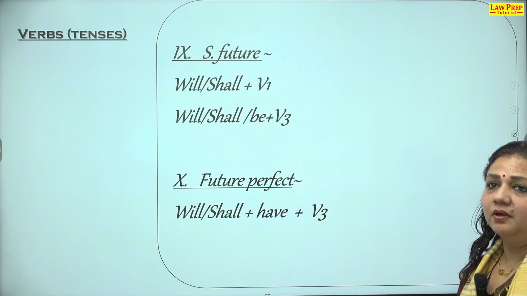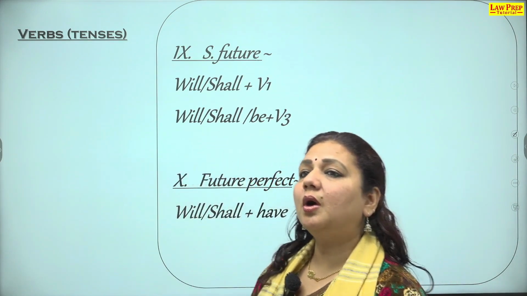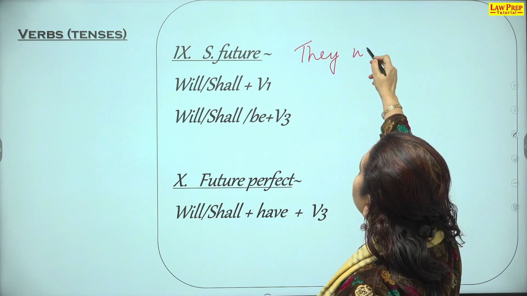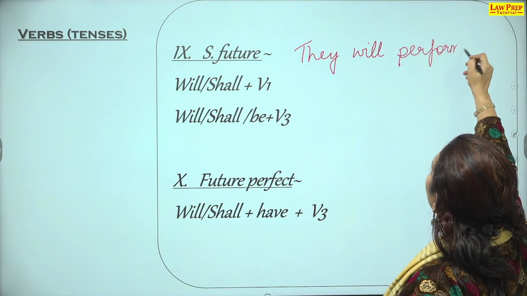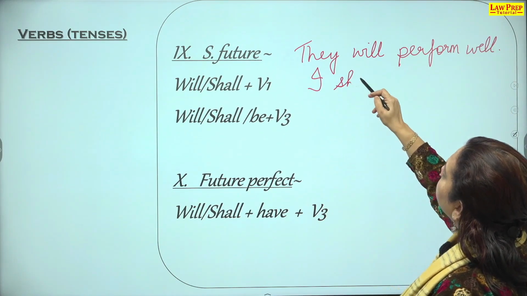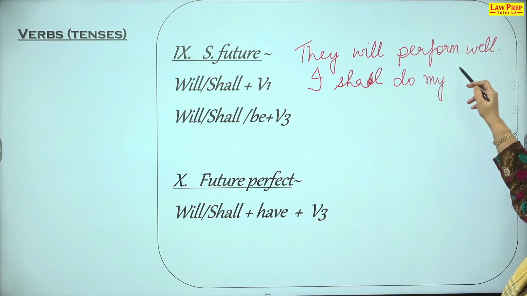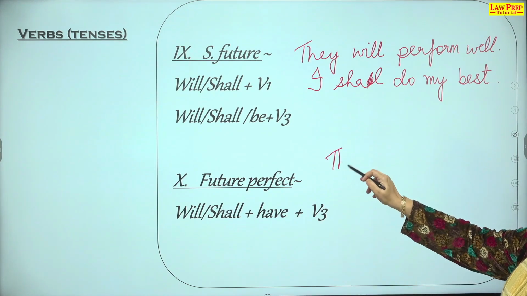Simple future. We shall study English. They shall perform the task. We will do our best. You can see this in the simple future tense, and then future perfect.